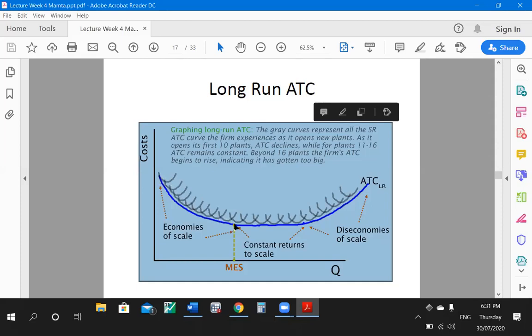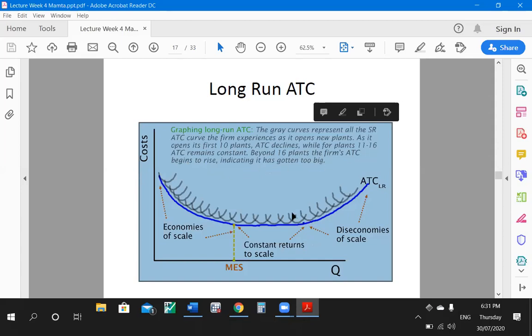From 11 to 16, 11, 12, 13, 14, 15, 16, till this 16, what happened? It remains the same. It doesn't go up or down. After this, 17, 18, 19, 20, 21, 22, all of these are increasing again. So beyond 16 plants, the firm's average cost will start to rise, indicating it has gotten too big.